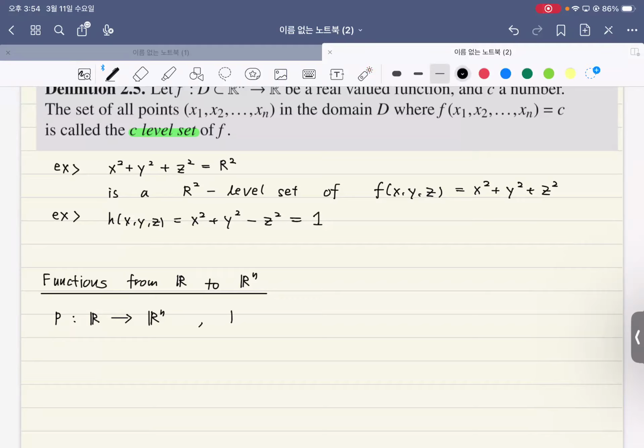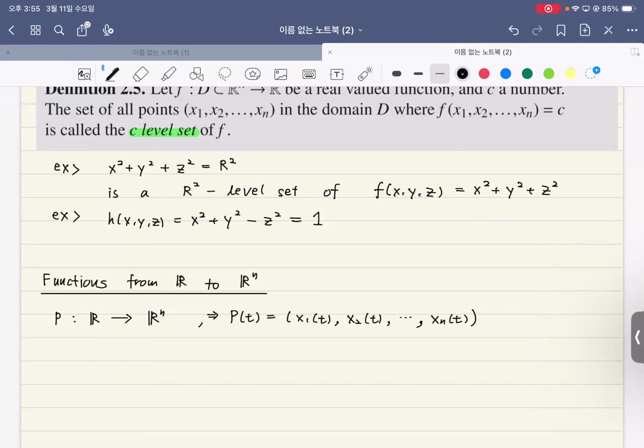So in this case, P of t can be written as x1(t), x2(t), up to xn(t). Do you remember the component functions? These are all real-valued functions, right?